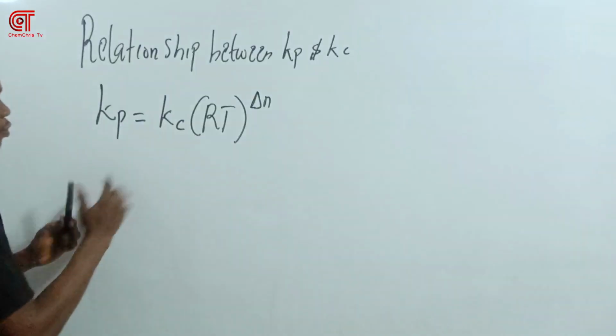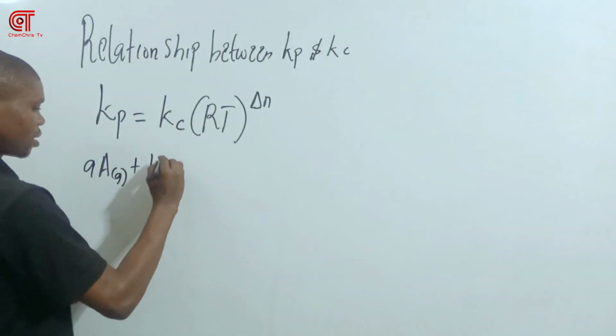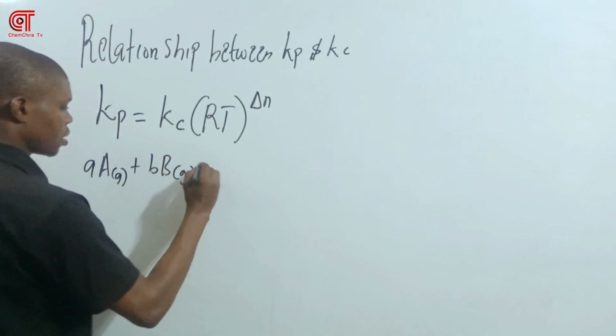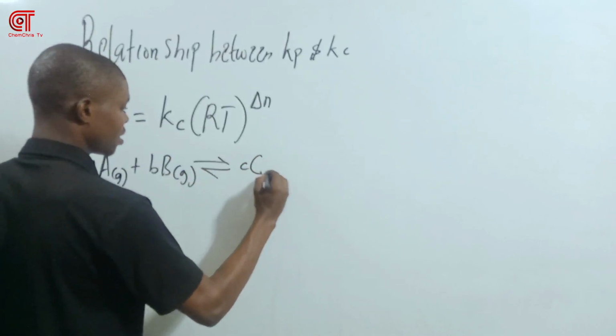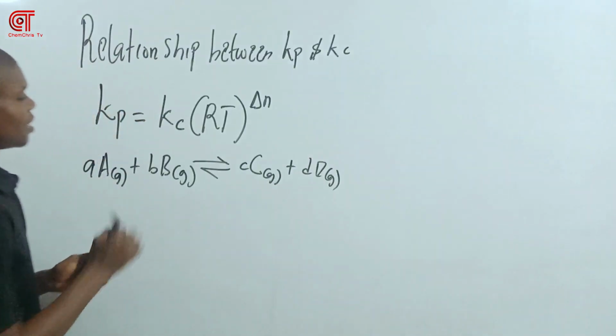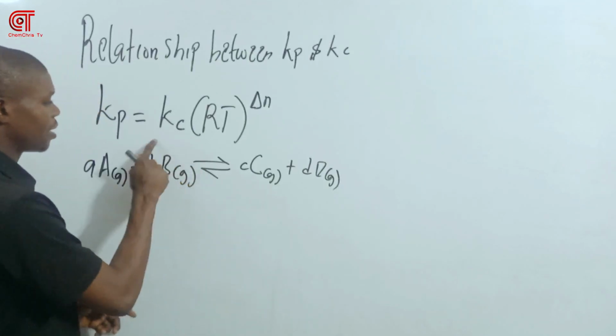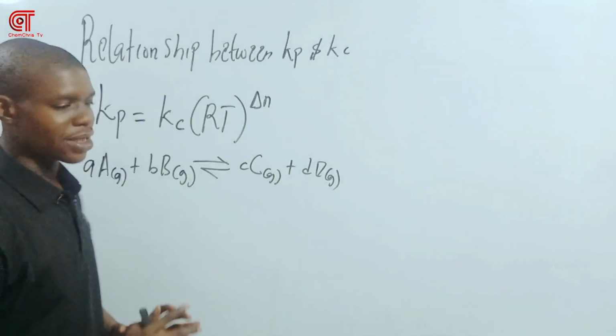We are considering the reaction A plus B giving you C plus D. There's a way they derive this equation, but I'm not going to derive how we got this formula because it's not that important.